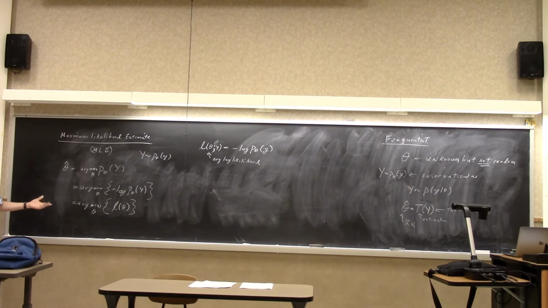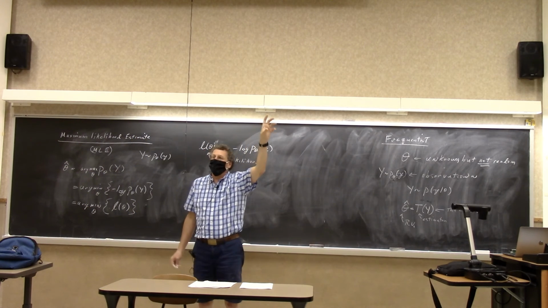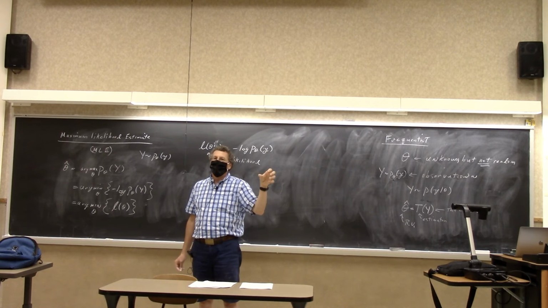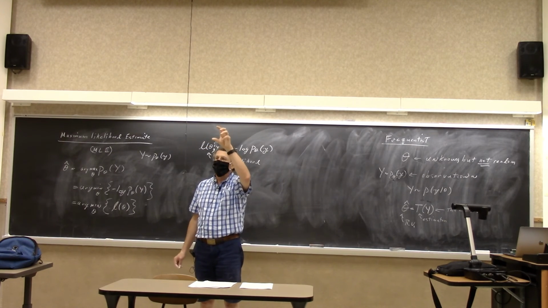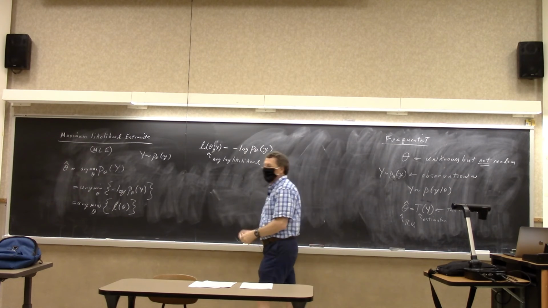I always like to do minimization. It's easier to do minimization than maximization, mainly because it's easier to think of ball bearings rolling downhill. To me, it's physically hard to think about a ball bearing rolling uphill. It just makes my head hurt. So it's easier to do minimization.